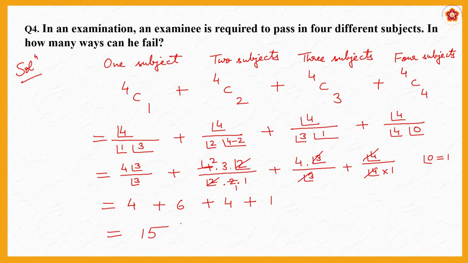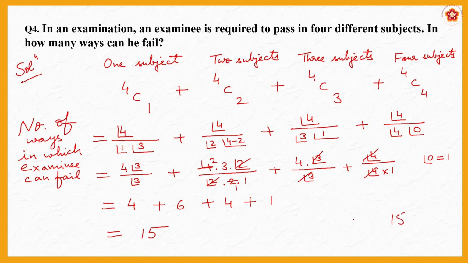So in how many ways can he fail? We have calculated the number of ways in which the examinee can fail, and this number is equal to 15.